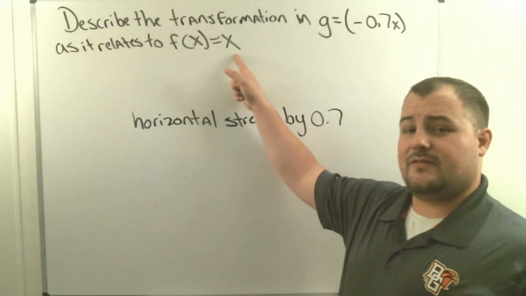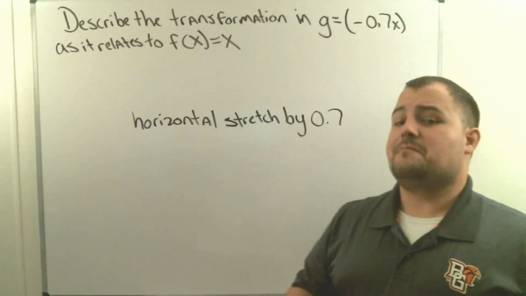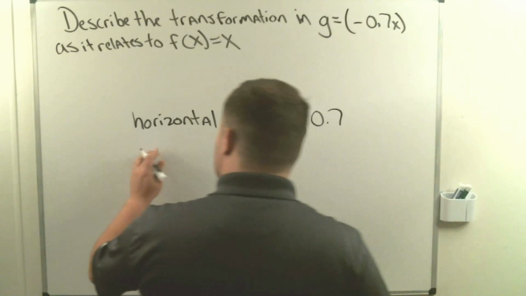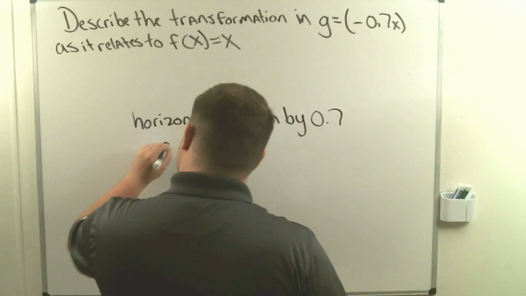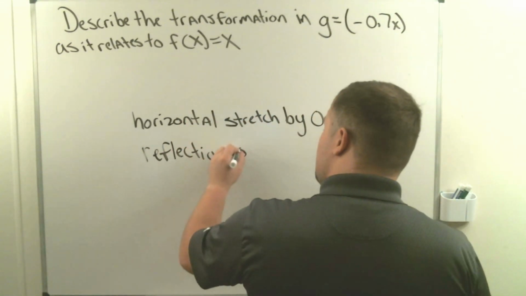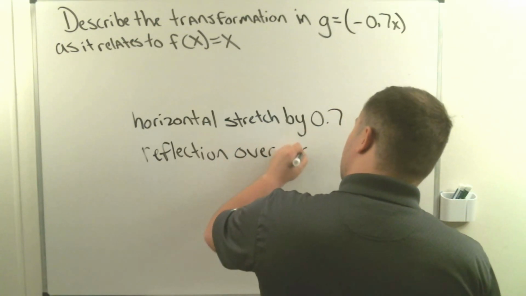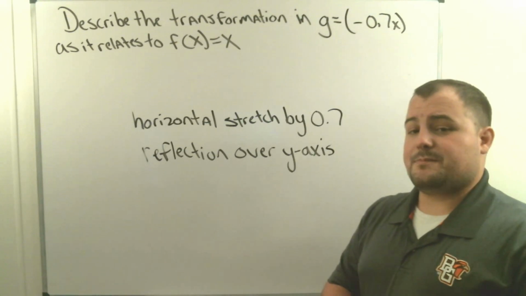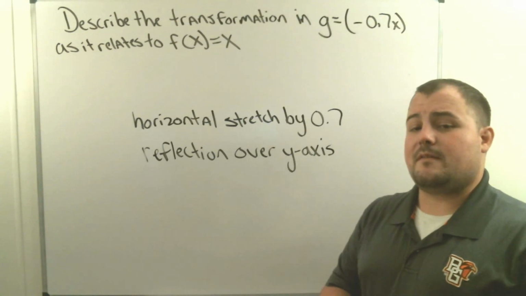It was a positive x, and now it's a negative inside parentheses with the x. So since it's a negative on the inside, that's going to be a reflection. And since it's inside parentheses, it's over the y-axis. And that's the answer for this problem. These are the two types of transformations happening.